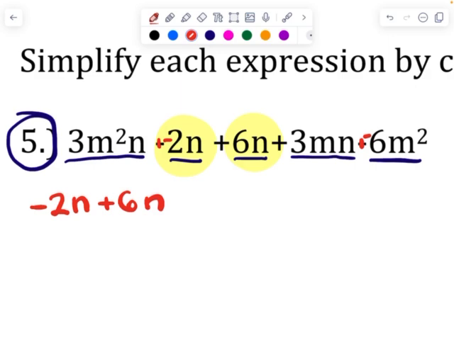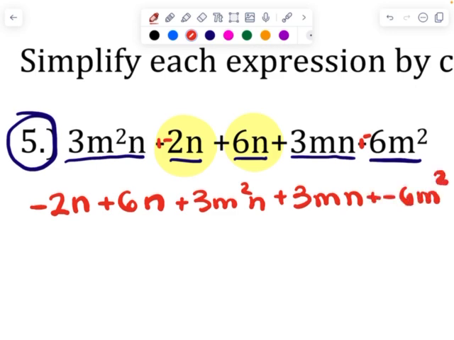If I look at any other terms, I don't have any more like terms. I have m squared times n, m times n, and then m squared. So I'm just going to carry everything else down, including the sign to the left. And now I use the commutative property to reorder.